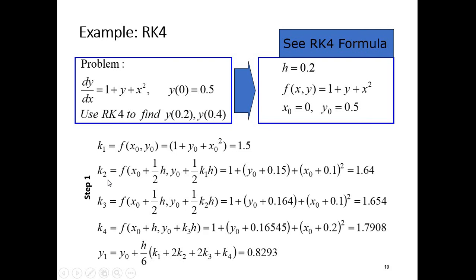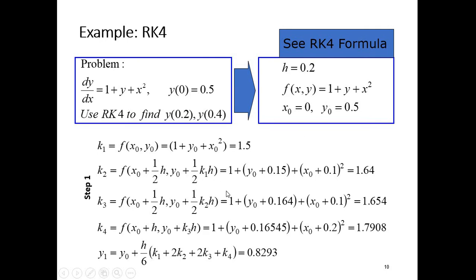K2 will be f of x naught plus half h, comma, and now these are more like coordinates. This is a coordinate, and this is a coordinate. So your x coordinate you substitute by this, and your y coordinate you substitute by y naught plus half k1 h.